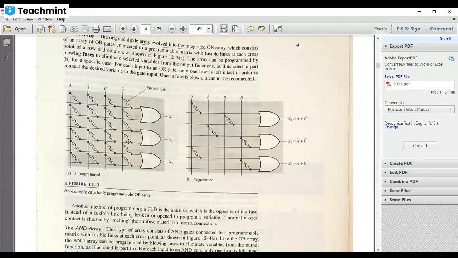When the unprogrammed array comes from the manufacturer, all these links are open.